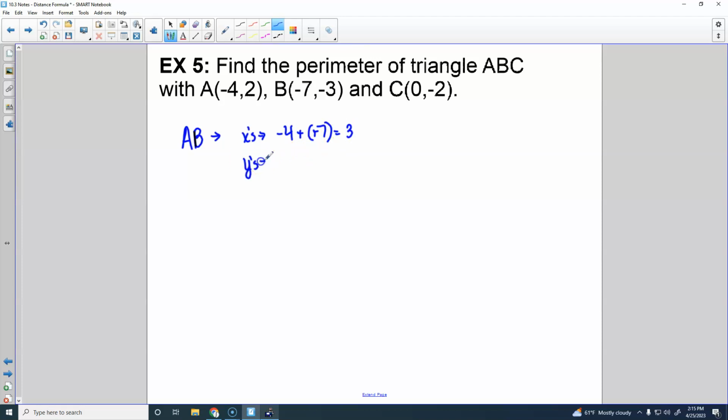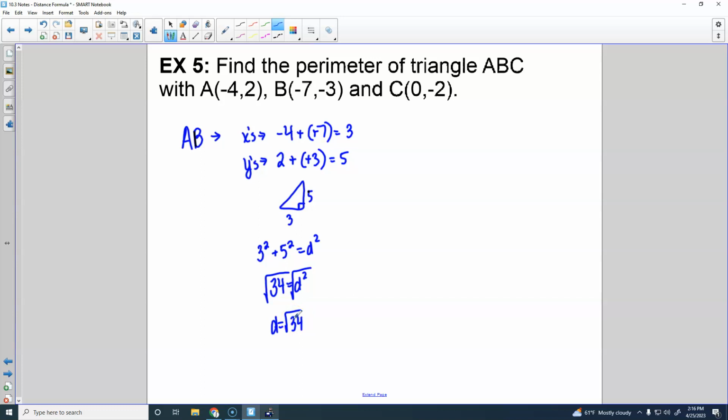You could subtract your y's, which is going to be 2 minus negative 3, which is 5. You don't have to draw it, but your 3 would be here, your 5 would be here. So 3 squared plus 5 squared would equal the distance squared. That's going to be 9 plus 25, so 34 equals the distance squared. Square root both sides, so distance equals the square root of 34. I'm going to leave it like that for right now.